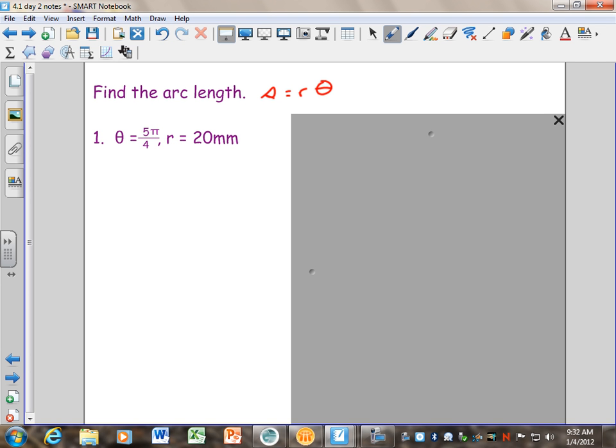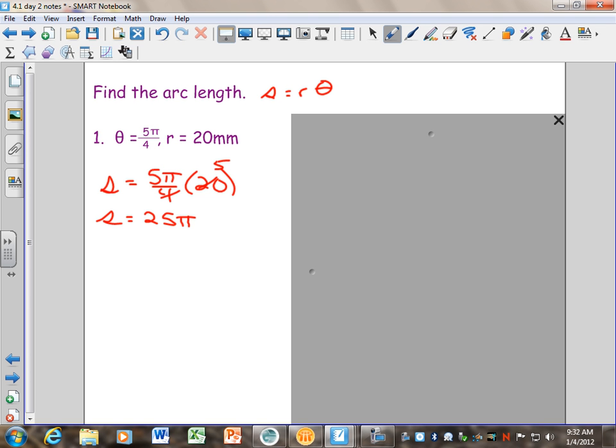And we're going to find what would the arc length be for an angle that's 5 pi fourths and the radius is 20 millimeters. So I would get S equals 5 pi fourths times 20. And I know you're all big calculator fans, but this one's not so bad. I could just simplify here, and that would be 5 times 5, I'm going to say is 25 pi.